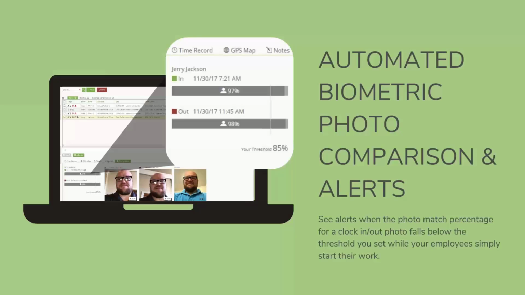So this is proactive management by the system so that you don't have to be reactive or necessarily pan through or scroll through hundreds or possibly even thousands of pictures in order to confirm that your employees are truly putting time in for themselves.